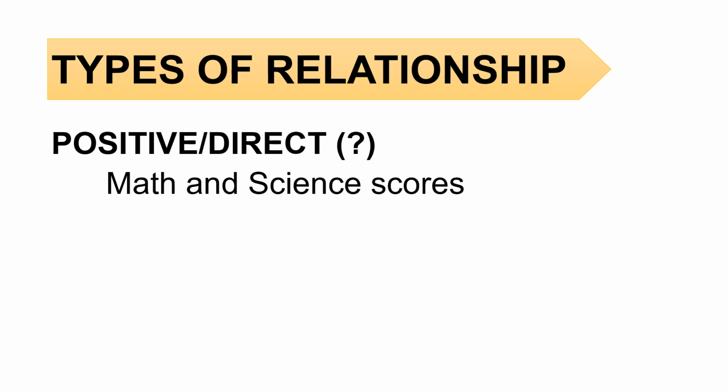It means if you are good in math, most likely you are also good in science. The higher the math scores, the higher the science scores. Or if your math is low, your science is also low. Do you think it's true or not? Do you think it's really positive or not? What do you think?